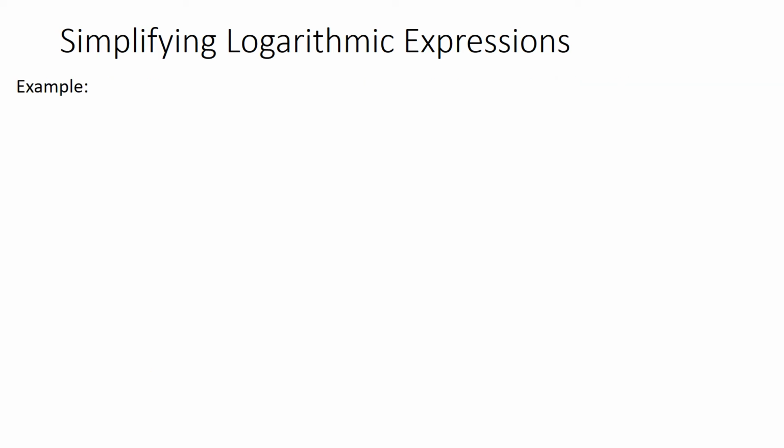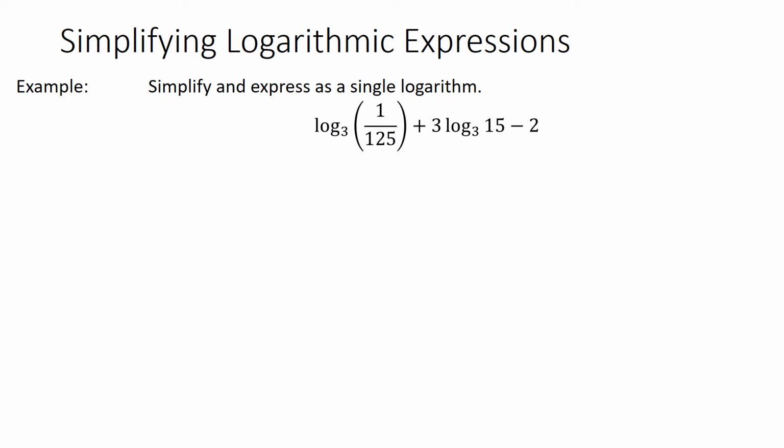Now, let's look at another example of simplifying logarithmic expressions. Simplify and express as a single logarithm: log base 3 of 1/125 plus 3 log base 3 of 15 minus 2. Here is the solution. From the given expression, we can see that there are three terms.